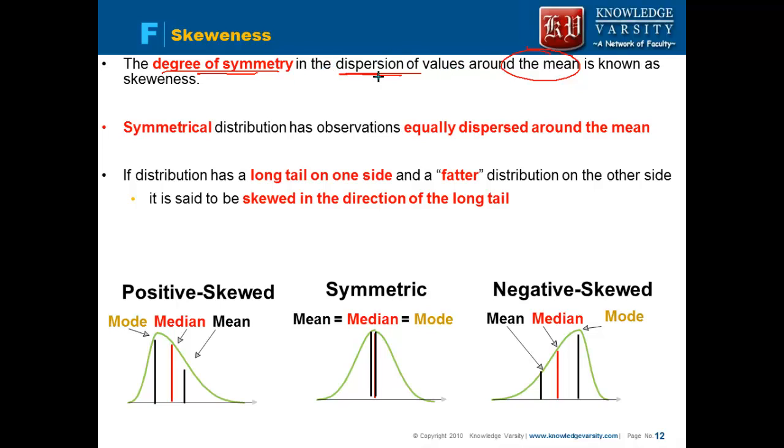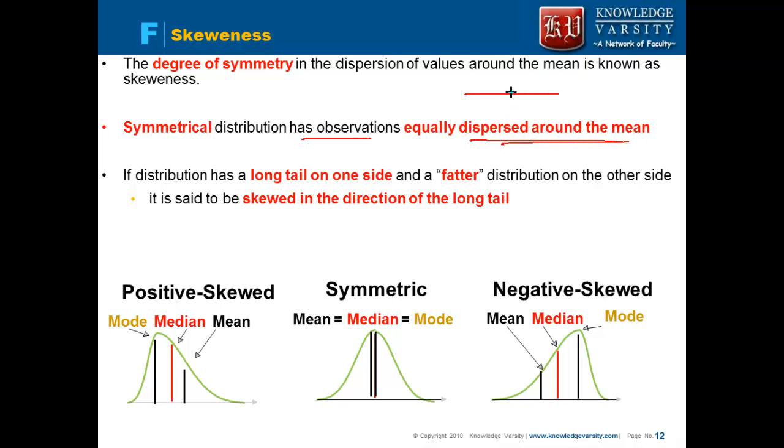We have seen that one of the measures of dispersion was the standard deviation. However, standard deviation will not give correct data when the dispersion around the mean is not symmetrical. A symmetrical distribution will have observations equally distributed around the mean.